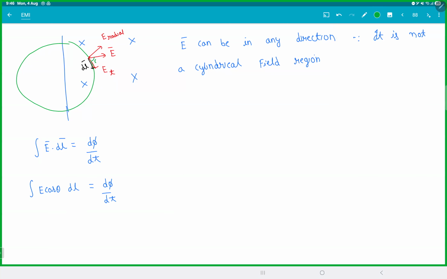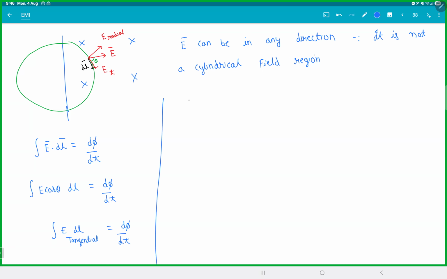Let this angle be theta. So this will be E cos theta dL, which is d phi by dt. So this will basically be E tangential dL, which is d phi by dt. I don't know E tangential.